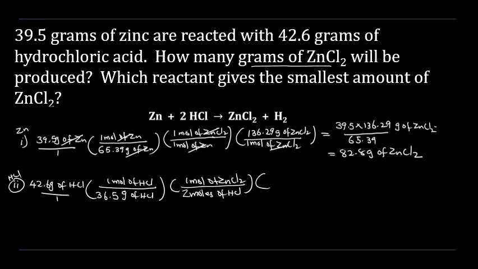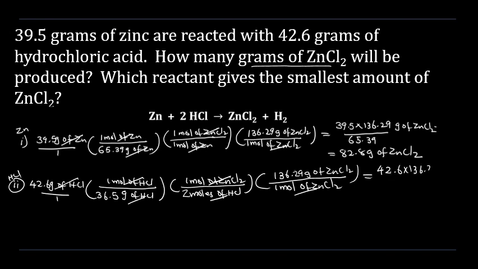Now I have to convert those moles to mass. 1 mole of ZnCl2 equals 136.29 grams of ZnCl2. Now we can cancel grams of HCl, moles of HCl, moles of ZnCl2. Which numbers are in the numerator? 42.6 times 136.29, and the unit is grams of ZnCl2, divided by the numbers in the denominator, 36.5 times 2.